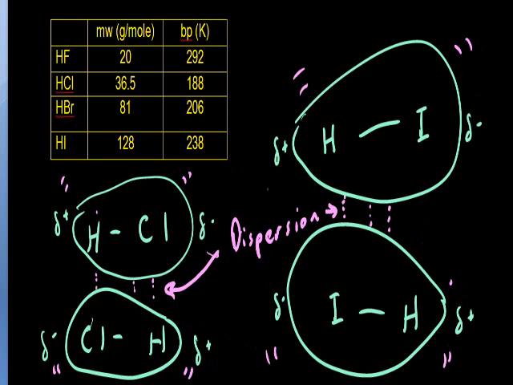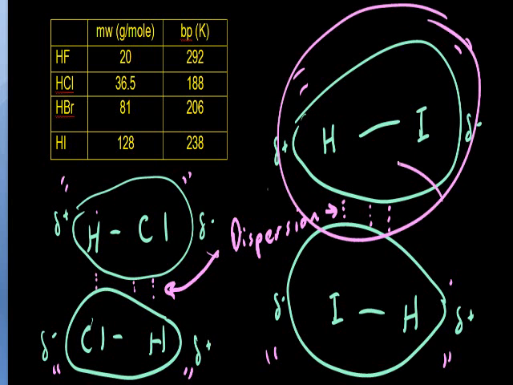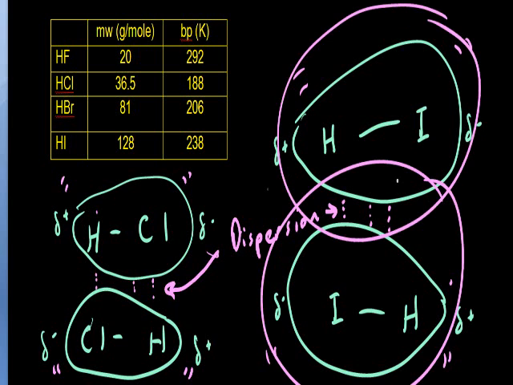So both molecules also generate dispersion forces, but it's the larger electron cloud in the larger HI molecule that creates a greater dispersion force. So as we go from HCl to HBr to HI, even though the molecules are all polar, the HI with the larger electron cloud and greater dispersion forces shows the highest boiling point among the three.